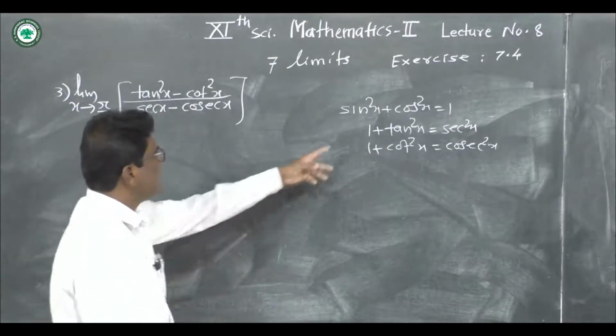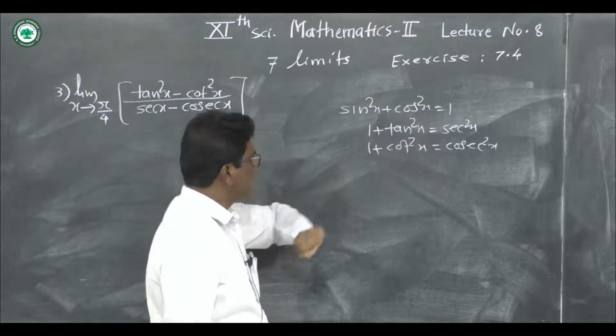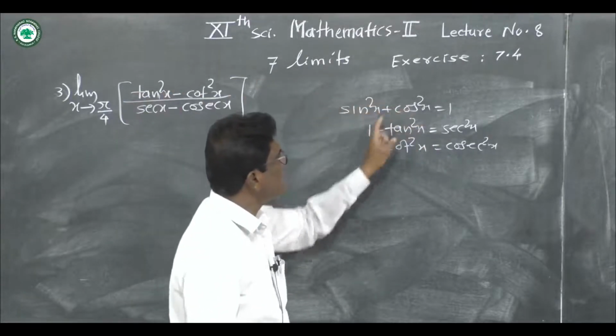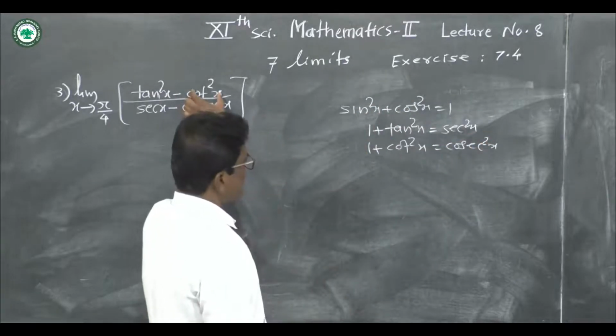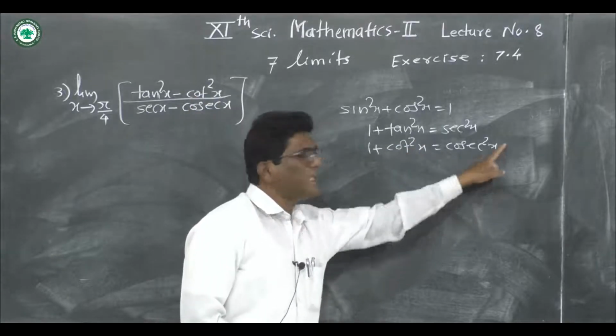Now here see the second and third fundamental identity. 1 plus tan square x is equal to sec square x. Here tan square x is present, so we put the value of tan square x as sec square x minus 1. Also here cot square x, so put the value of cot square x as cosec square x minus 1.